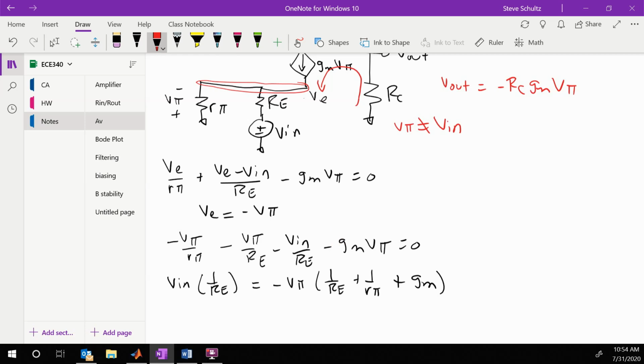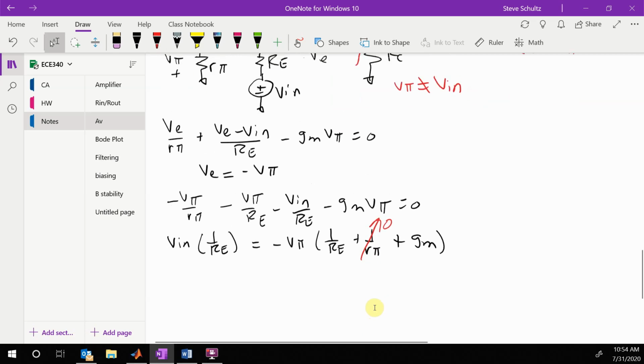And just like before, this term is negligible because it's much, much smaller than my GM. Okay, so now we have Vin equals minus V pi times 1 plus GMRE.